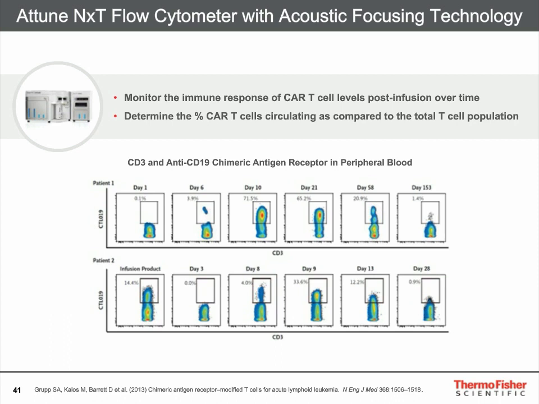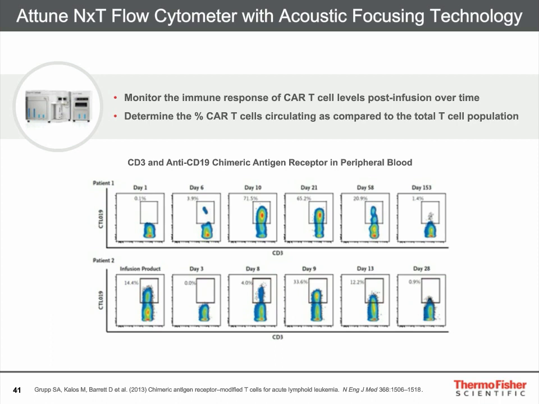And so we can see in two different patients or animals here a dramatic increase in the presence of CAR T cells on the top row beginning on day 6, as we see cells begin to appear within that gate at day 10 and day 21.